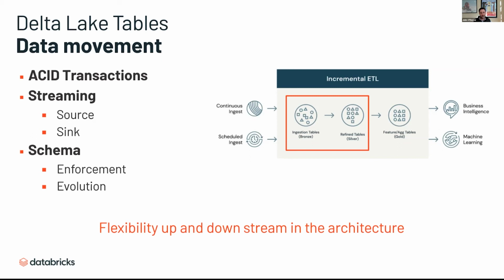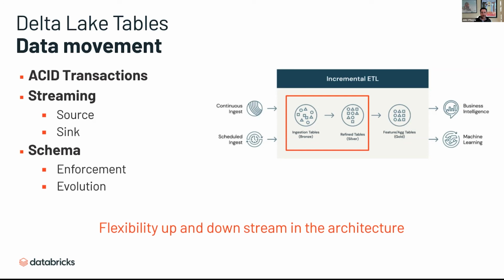And those transactions also make sure that none of the data is corrupted at any given time. The other thing that really helps here is that the Delta tables have a schema that is enforced and also can evolve at the same time.